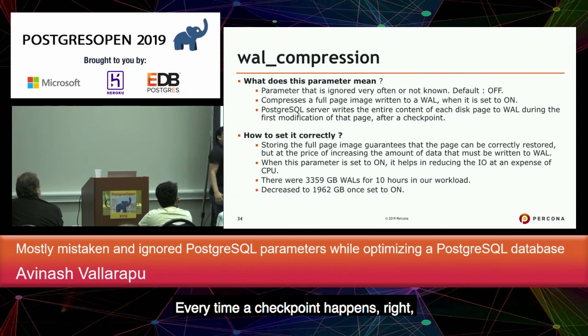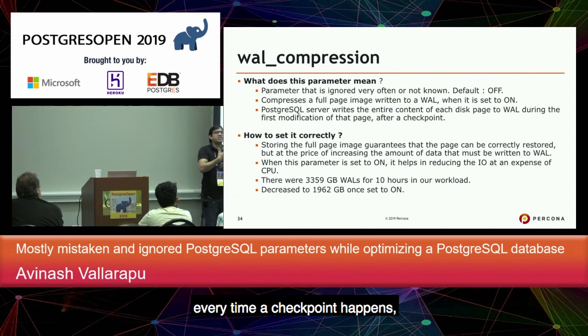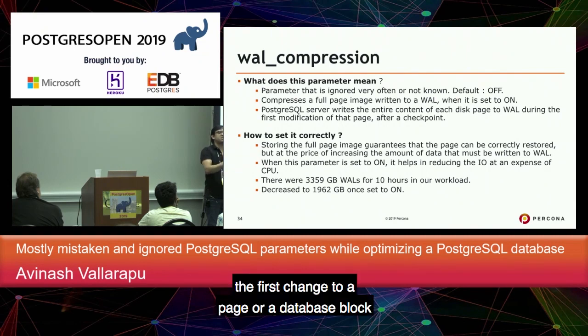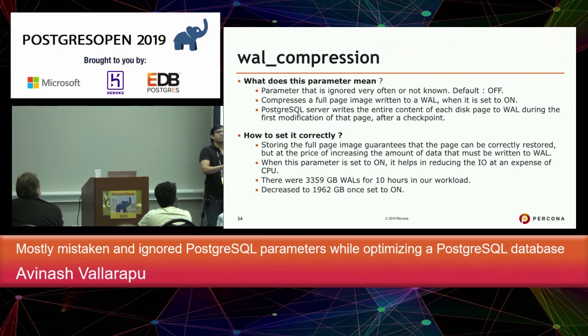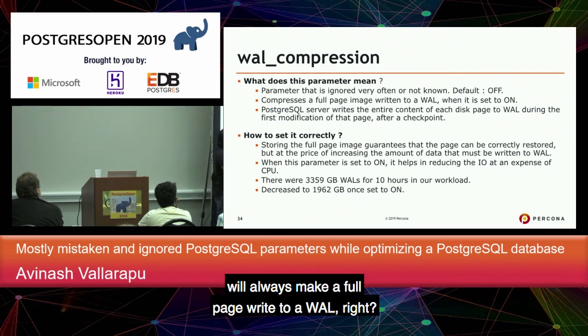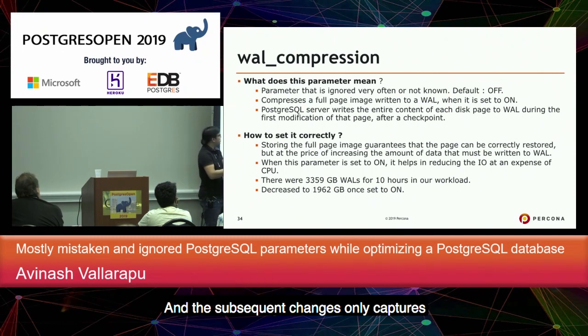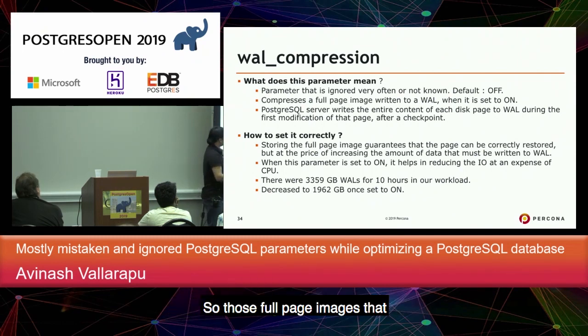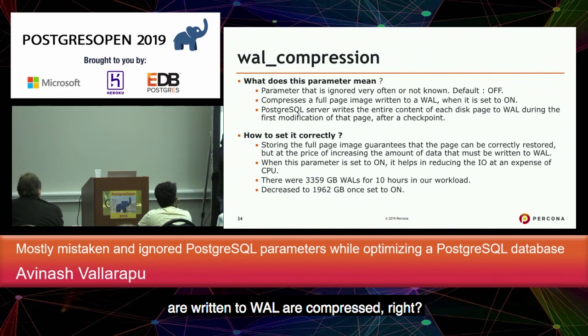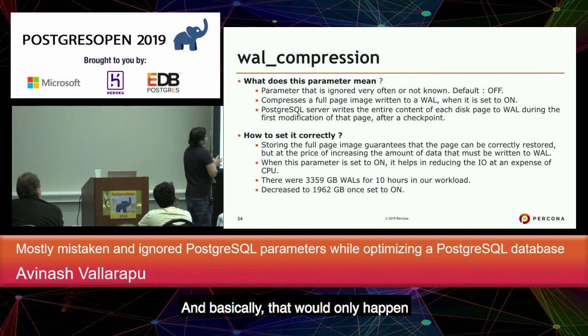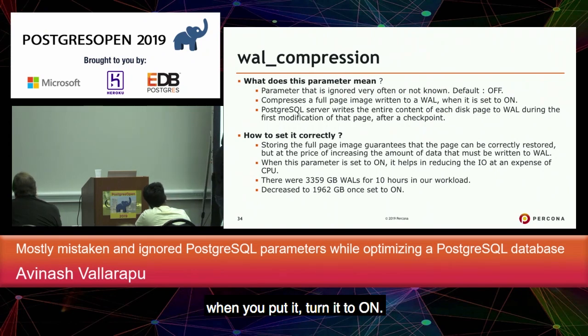Every time a checkpoint happens, right after the checkpoint, the first change to a page or a database block will always make a full page write to a WAL, right? And the subsequent changes only capture the WAL records anyway. So those full page images that are written to WAL are compressed, and that would only happen when you turn it on.